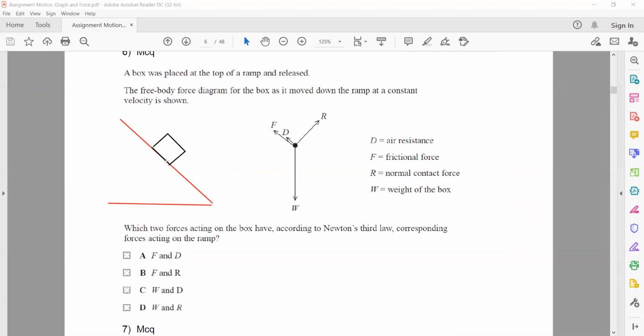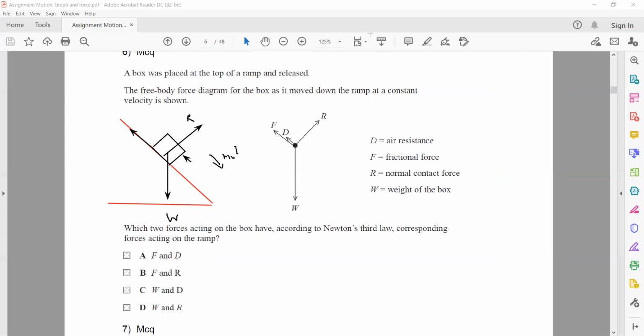Weight of the box is acting downward. The normal contact force is acting upward. And they mention it moved down the slope. So if it is moving down, this is the direction of the motion with a constant speed. So friction is a force which tries to oppose its motion. The friction is acting upward. And air resistance, the force of the air, is also acting.